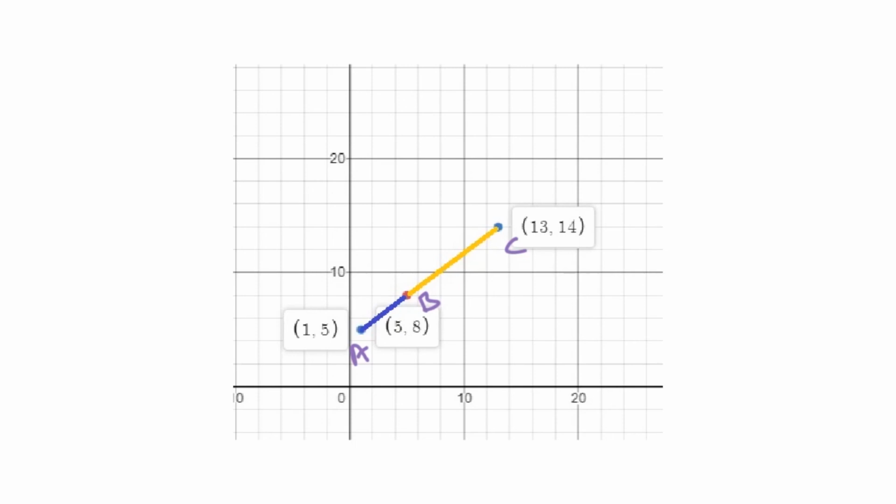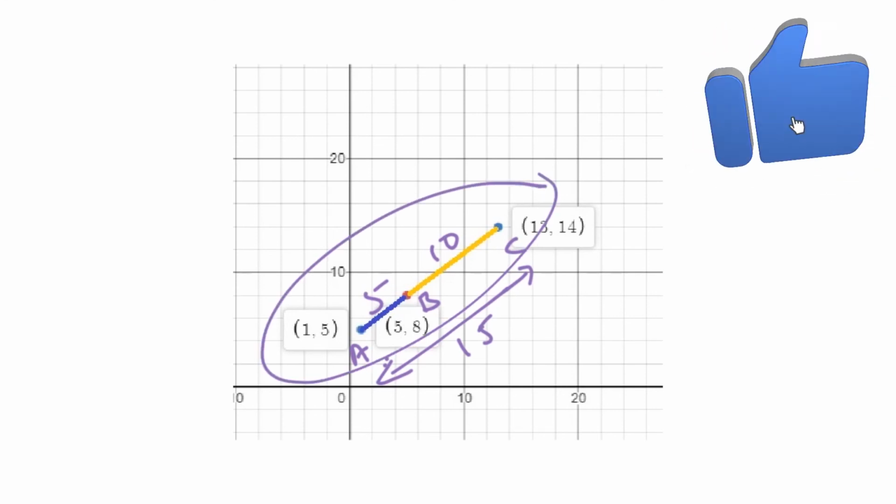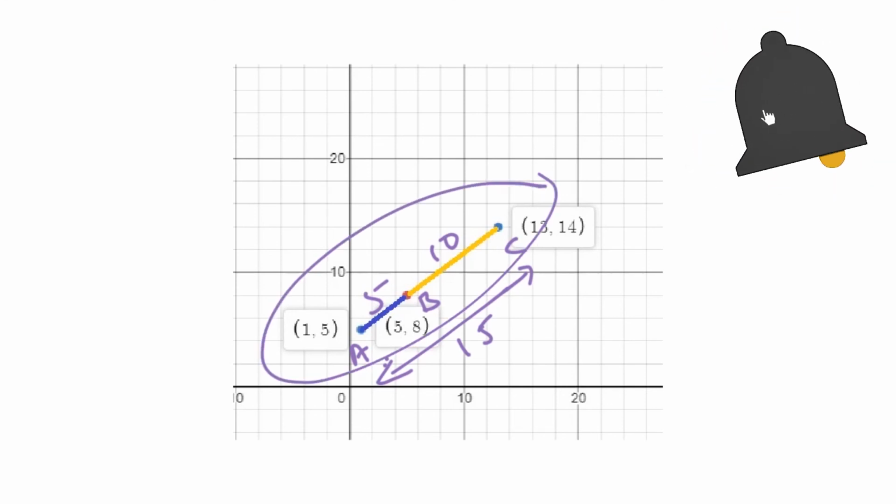We got AB as 5 and BC as 10 and AC, the distance of A and C, is 15. So this is forming a straight line. These points are collinear, meaning the points which are lying on the same line. So we cannot form a triangle using these 3 points.